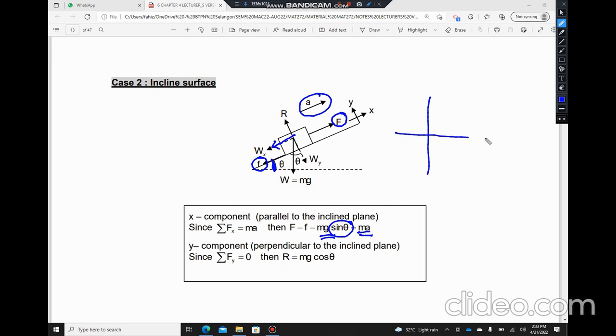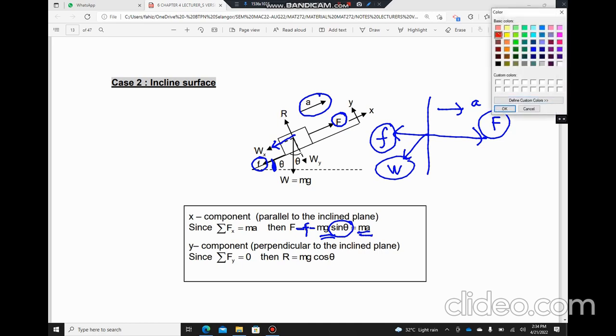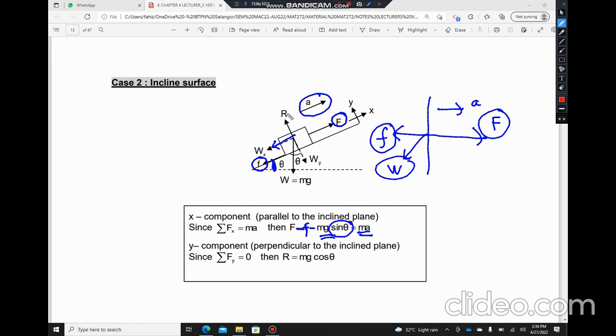So if I redraw the diagram, it will look like this. This is W, and this is A. So for the horizontal, we have F, and the friction F, F minus F, this sign because of the direction, and then minus mg sin theta equals ma. Then for the Y component, we read this one. For the Y component we have R upward, and then Wy, or Wy equals mg cos theta, minus.